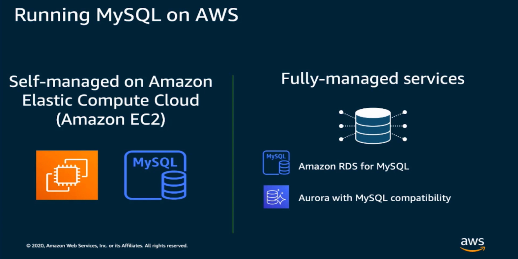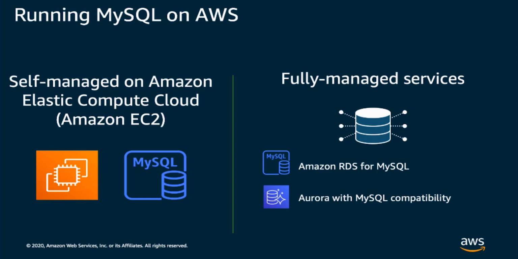It combines the performance and availability of traditional databases with the cost effectiveness and simplicity of open source databases. One of the key Aurora features is a log structured storage subsystem, which is distributed, fault tolerant and self-healing storage. So that is the main difference between Aurora MySQL and RDS MySQL.